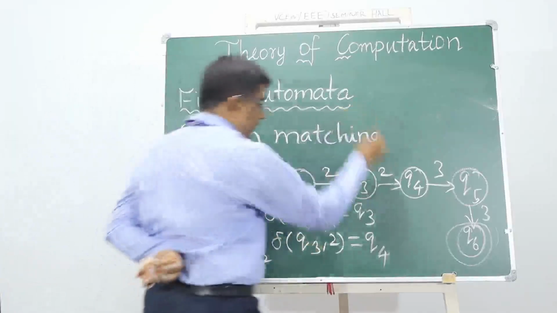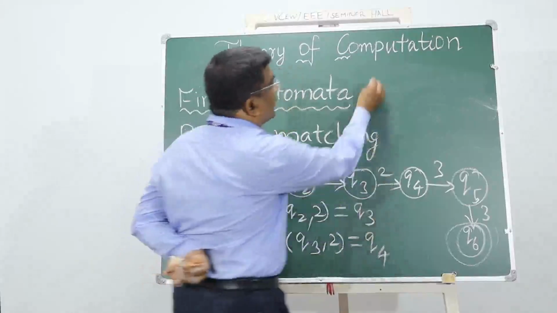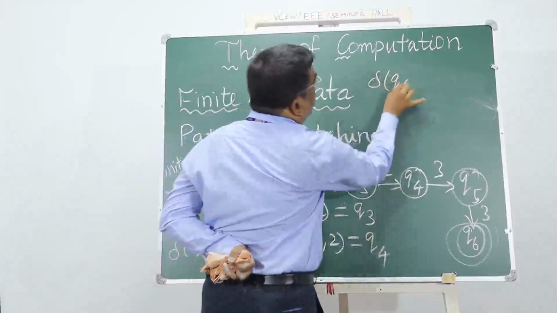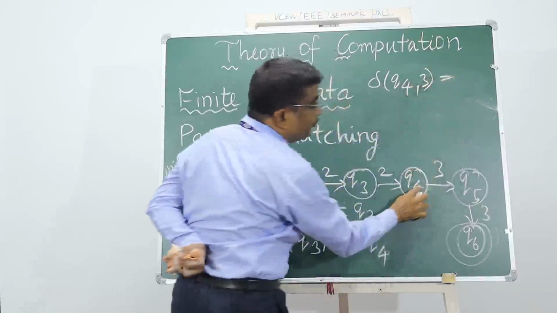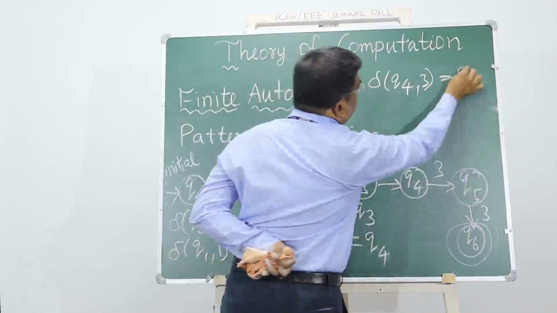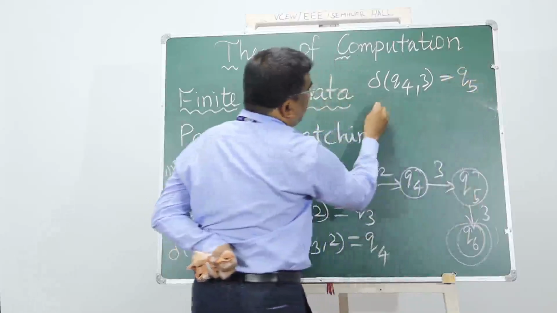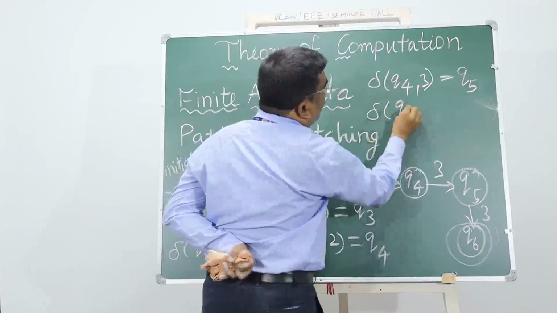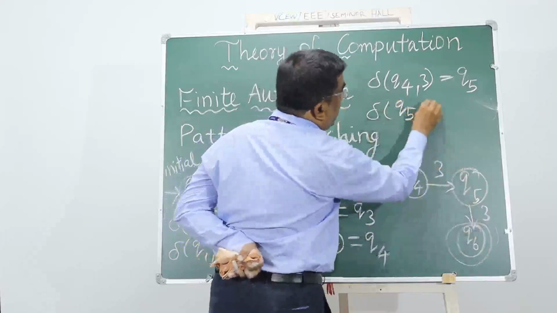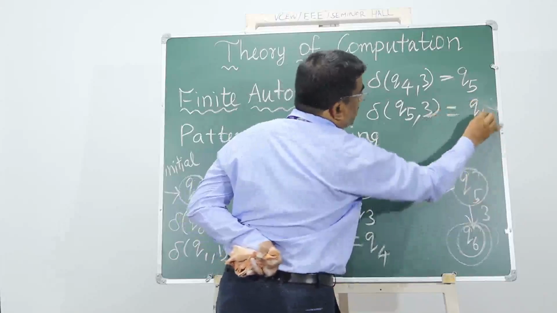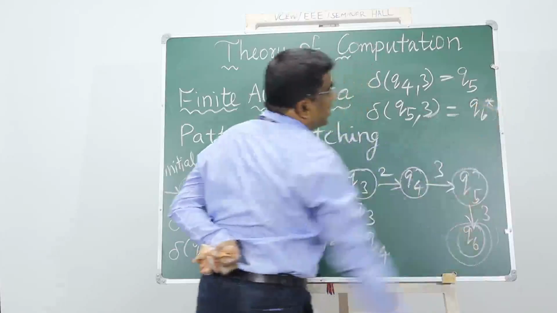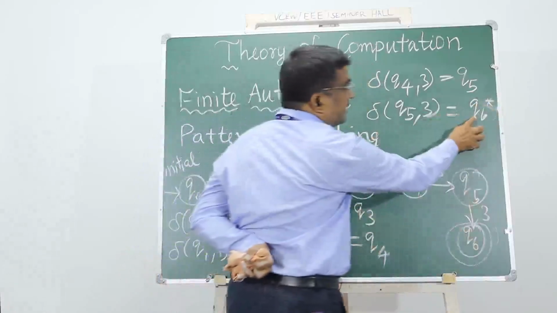Now we are in the Q4 state. Delta of Q4 comma 3: where is it reaching? The state is Q5. Next, delta of Q5 comma the last input symbol 3 equals Q6. This Q6 is marked with a star because it is a final state.